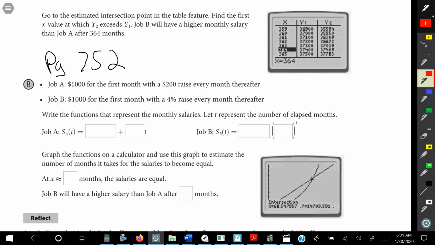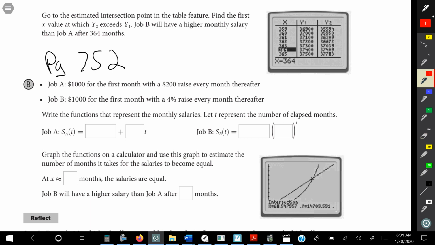So it's more money there. So it got another $100 every month, but the percent of raise is high as well. So we want to determine when will job B take over and you get paid more money from job B than you would from job A.